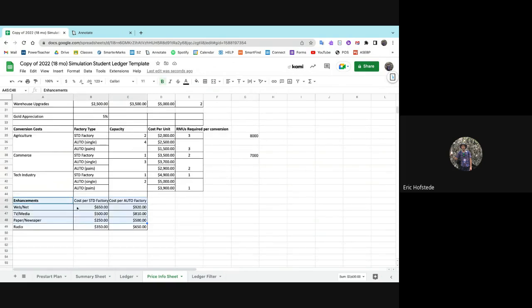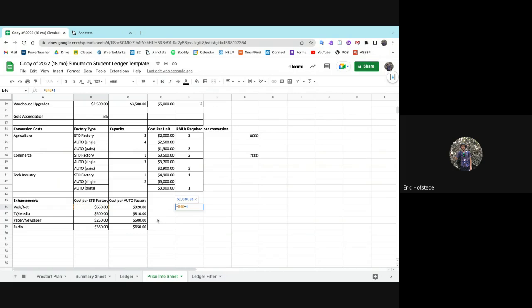Here are my costs. So I bought 2 WebNets. I have no auto right now, but I do have 4 standard factories. So I need to pay $650 times, well, I got 4 factories. All right, but I also bought 2 ads.